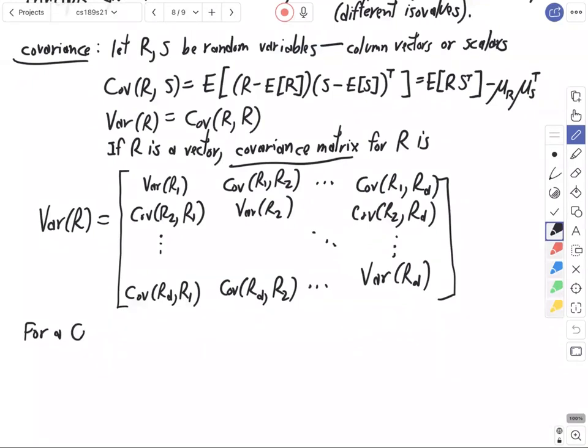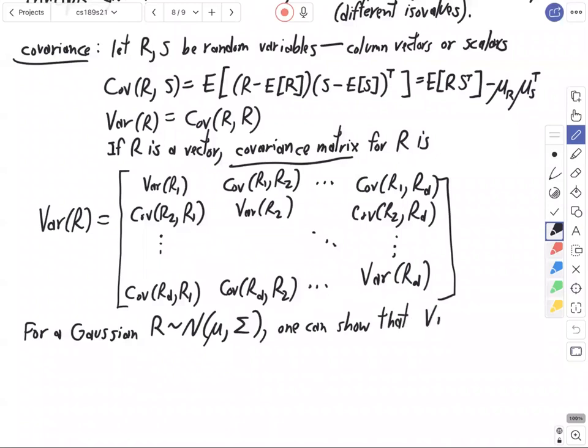Now, for a Gaussian, so let's suppose we have a random variable R chosen from the general multivariate normal distribution with mean mu and covariance matrix sigma. It is possible to show that if you compute this variance of R, or the covariance of R with itself, that turns out to be sigma.